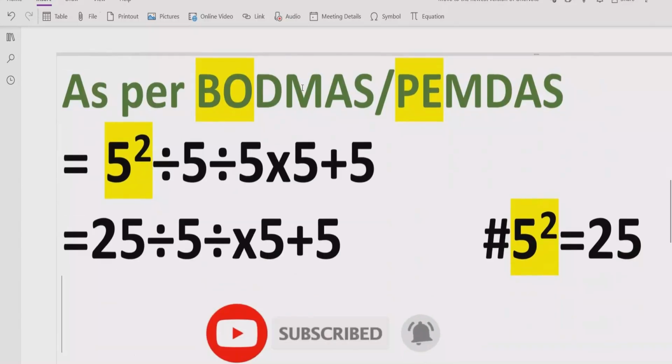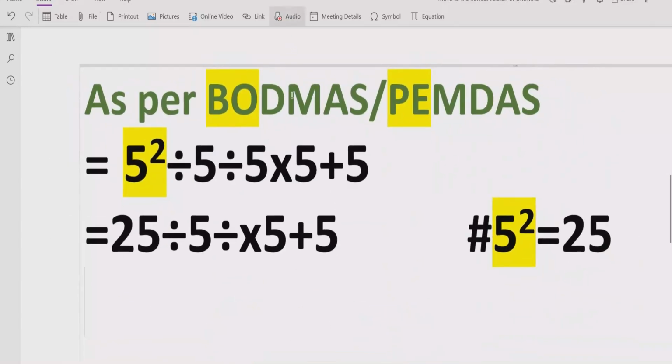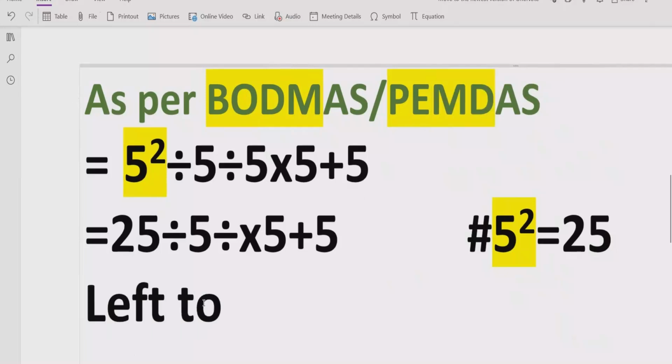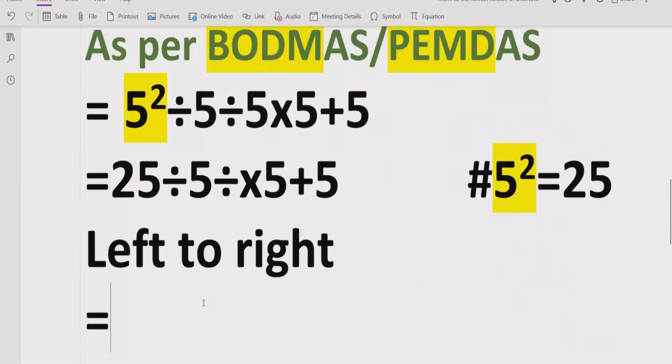Now we have solved step number 2. Now we have to solve the division and multiplication, or you can say multiplication and division. You have to go left to right in this expression and find out which is coming first. Whether you use BODMAS or PEMDAS, you follow the same step.